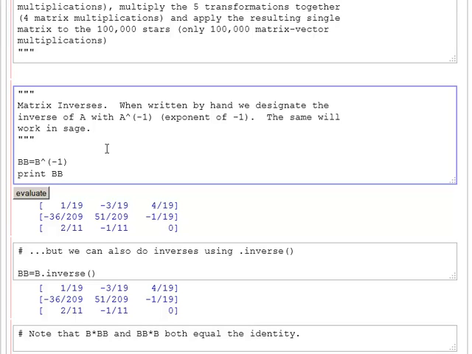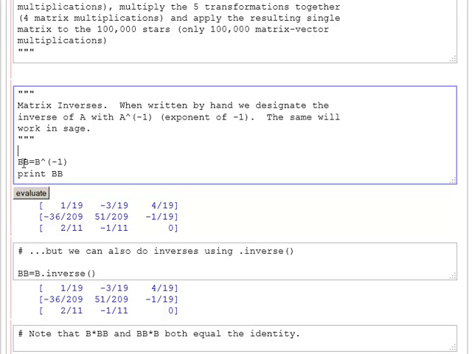Okay. You can actually do exactly the same thing, except you have to be a little careful. This means raised to the, like an exponent, but then you have to put parentheses because the minus and the 1 have to both be up in the exponent. Okay. So if you write it that way, it'll actually produce the inverse matrix.